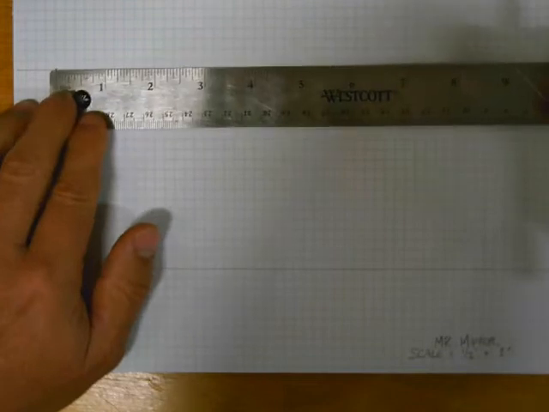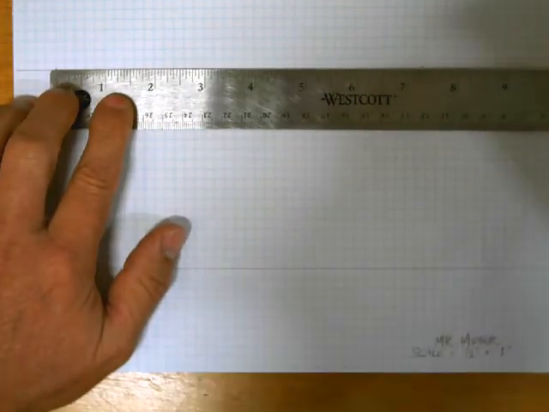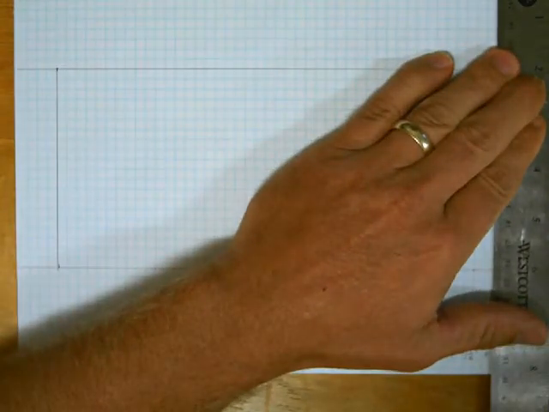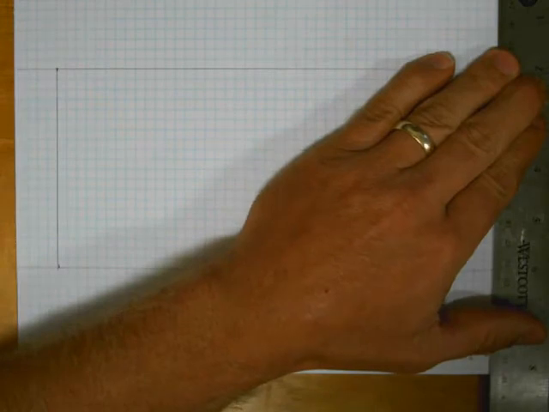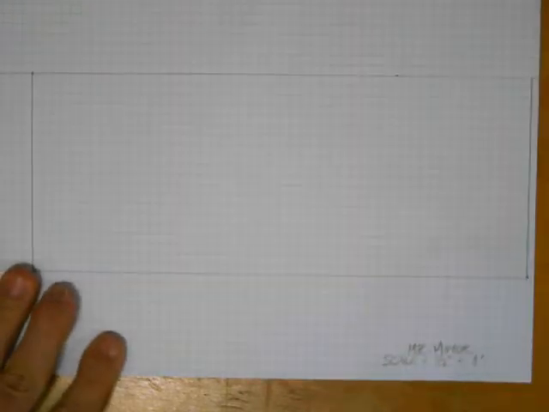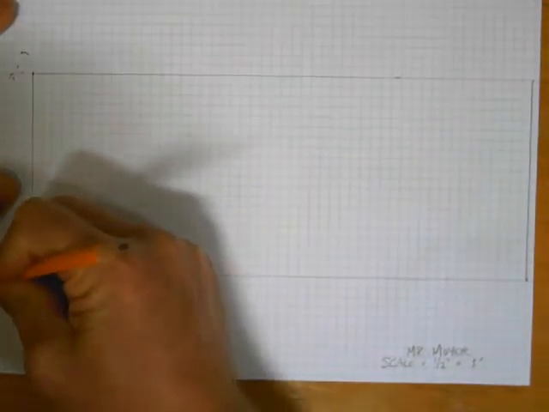I'll do the same at the top of the paper. Once I have those 2 marks, now I line this up and complete my rectangle. I don't know if you guys can see that. Okay? Any stray marks, you can just erase. Okay?